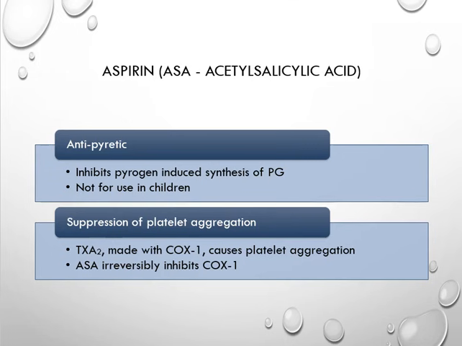It suppresses the platelet aggregation. Thromboxane, which is TXA2, is made with COX-1, and that equals the platelet aggregation. And so if you're blocking COX-1, this prevents the thromboxane and the clots from happening.